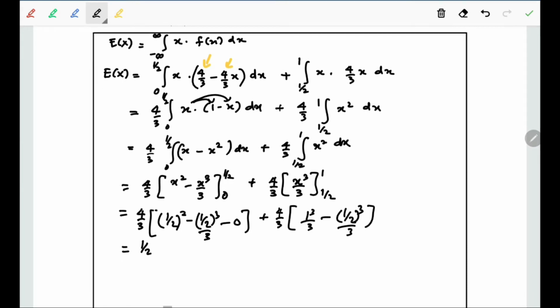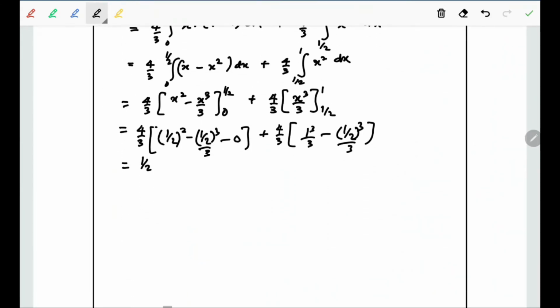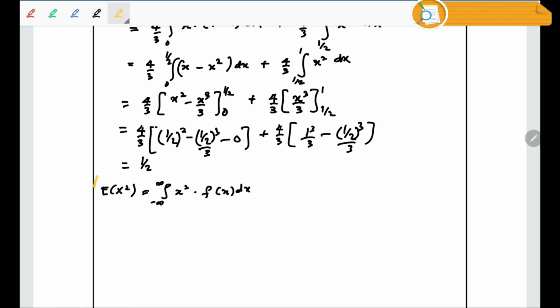Okay, then we are going to continue with finding the expected of x squared. So to find the expected of x squared equals integration from the lowest to the uppermost limit of the function x squared multiplied with the function of fx.